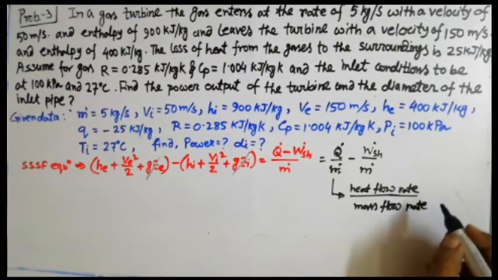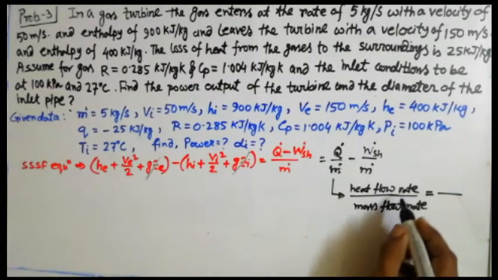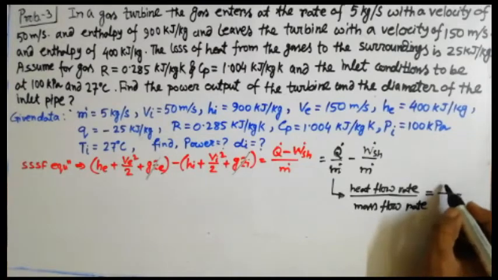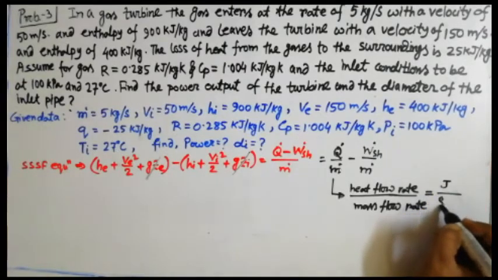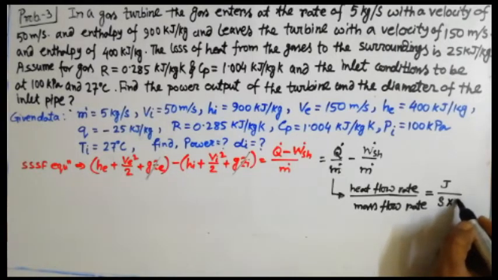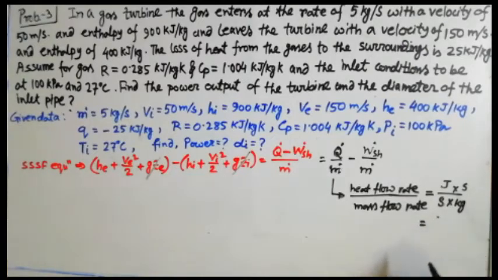So for heat flow rate, obviously you have to take the unit in watt. I mentioned it many times. Watt can be written as joule per second, and mass flow rate is kg per second. So the seconds cancel each other, and it gives you joule per kg.